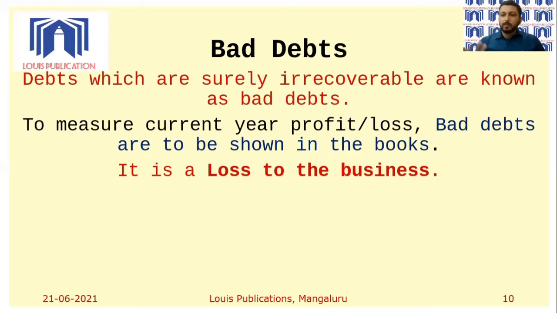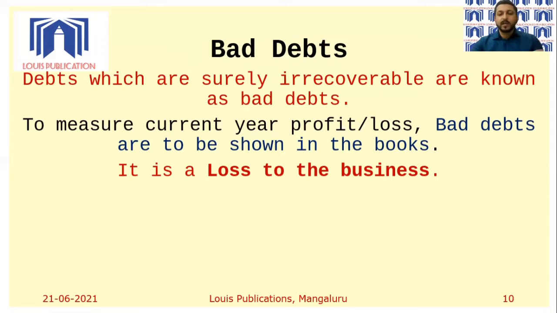And we try our level best to recover the debt from Bharat, but in vain. Or Bharat has disappeared from that town. So we cannot keep our books open until Bharat comes back. We will have to close the books. We will have to close Bharat's account also. And on closing Bharat's account, the balance that is available will be treated as bad debts. So the debt which is not recovered from Bharat in this example becomes a bad debt, and it is a loss to the business. So bad debt is a loss, and we know very clearly which debtor's debt is bad.